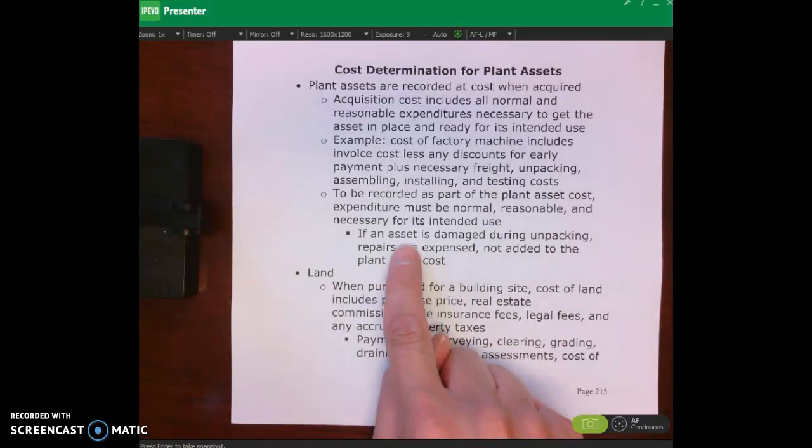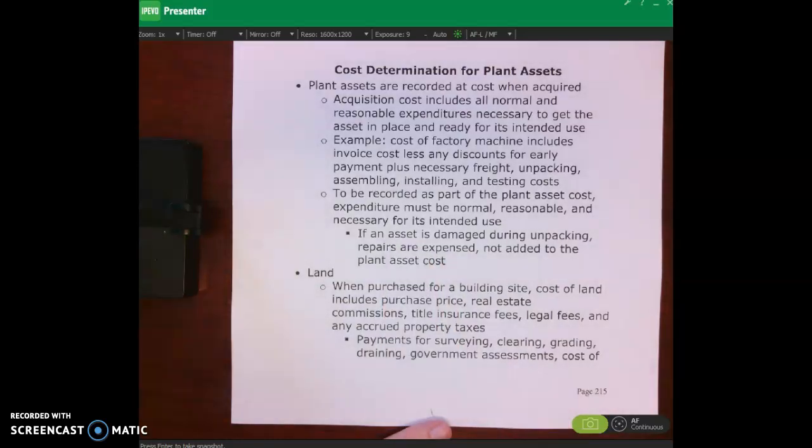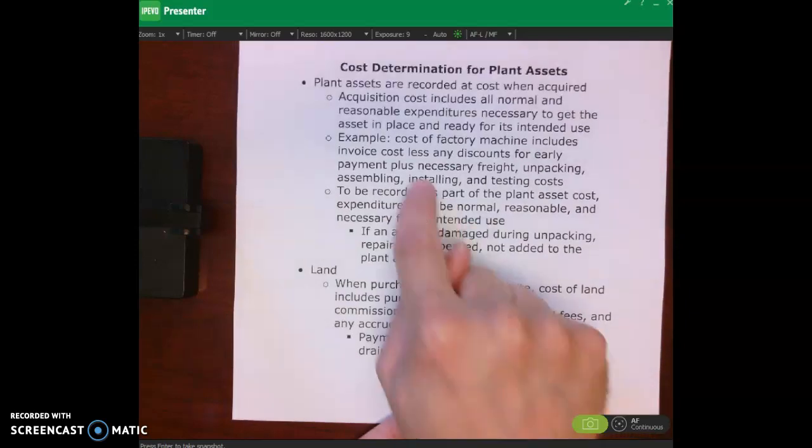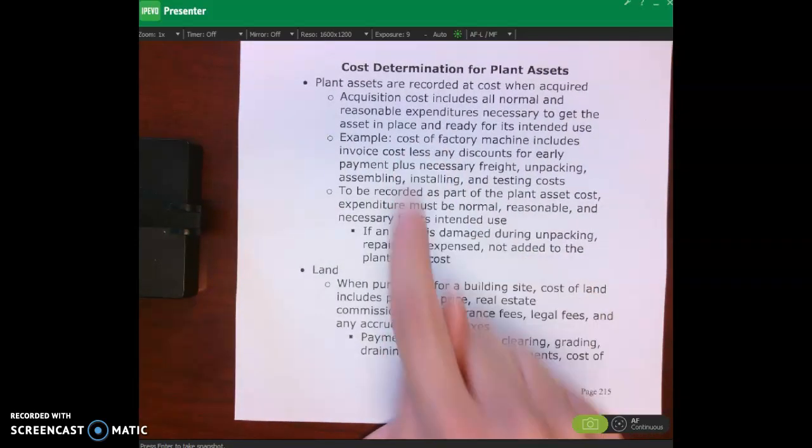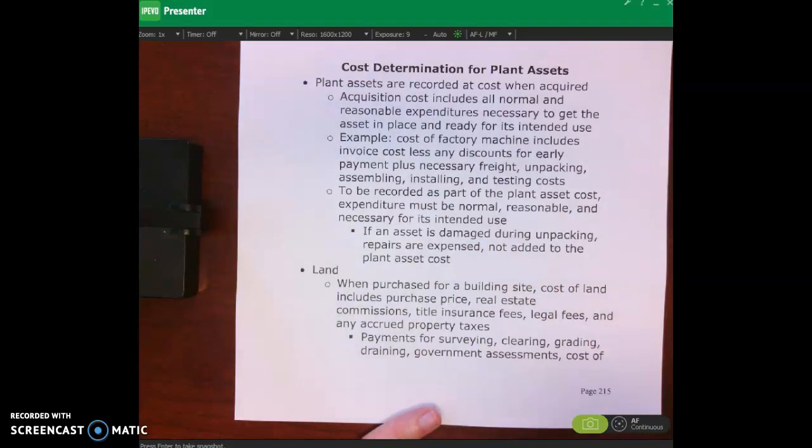Now, let's look at this. It says if an asset is damaged during unpacking, those repairs would be expense not added to the plant asset cost. So you can't include that in your debit to building up on the balance sheet. You can't include that in the building cost. These you can because they're normal and reasonable. This you can't. Why can't you include that?